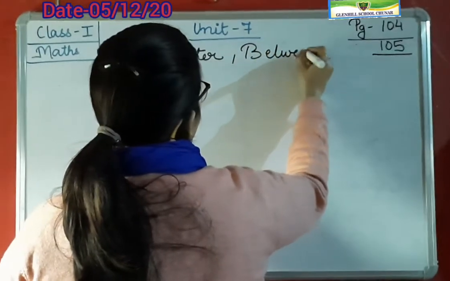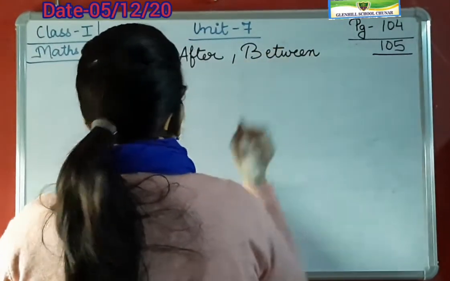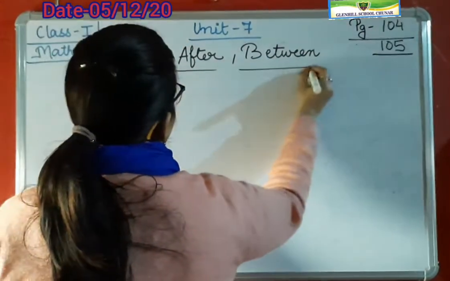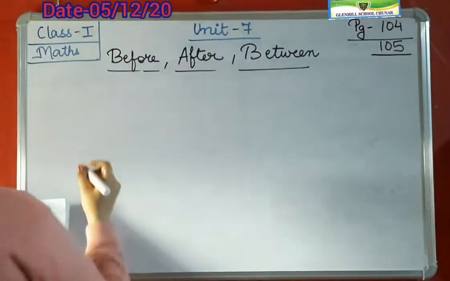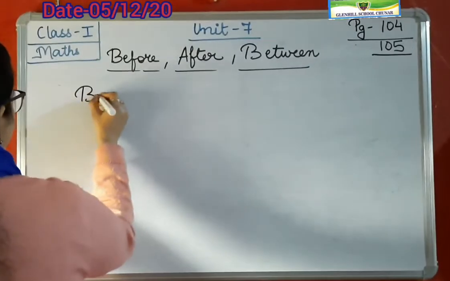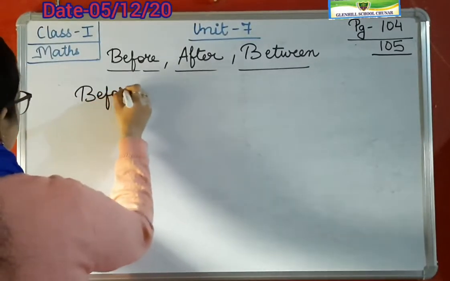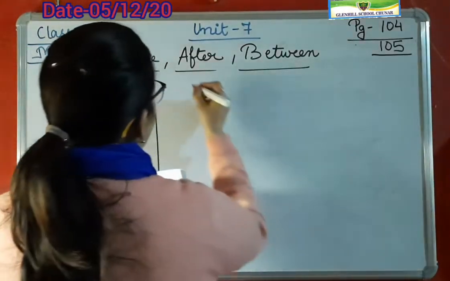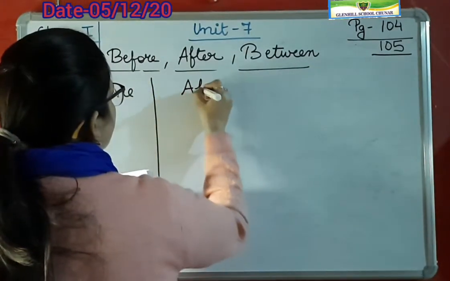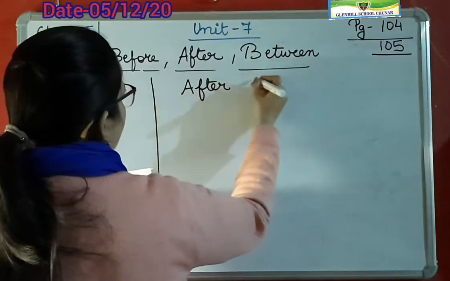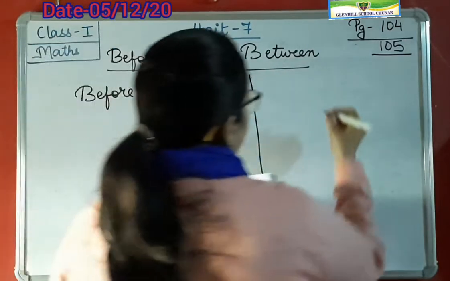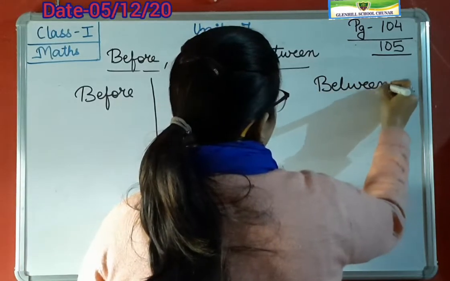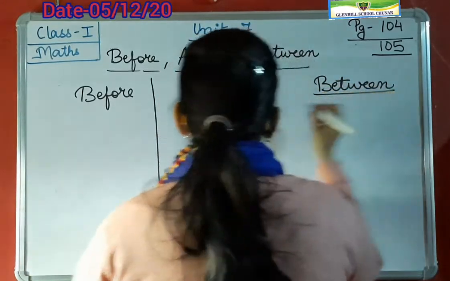Before, after and between. So see here. Here is before. First I am writing before. Then after. Okay. Then between. Okay, students.